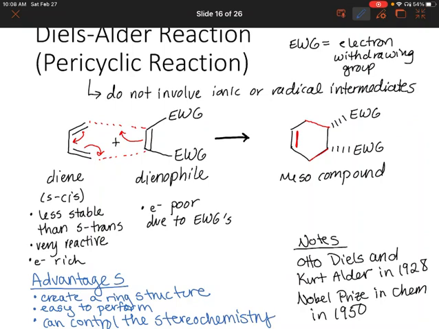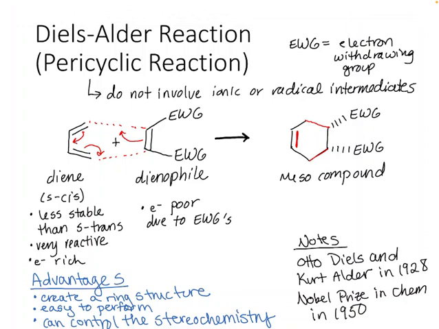Okay, so let's just go over some examples for the Diels-Alder reaction so that you can get a feel for the types of products that would form. All right, so let's start with the following. Okay, so we have our diene on the left, and it's in the S-cis configuration, which is what we want.